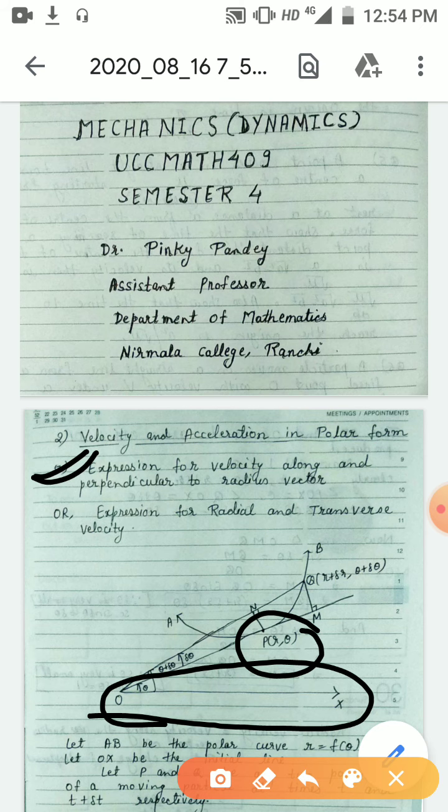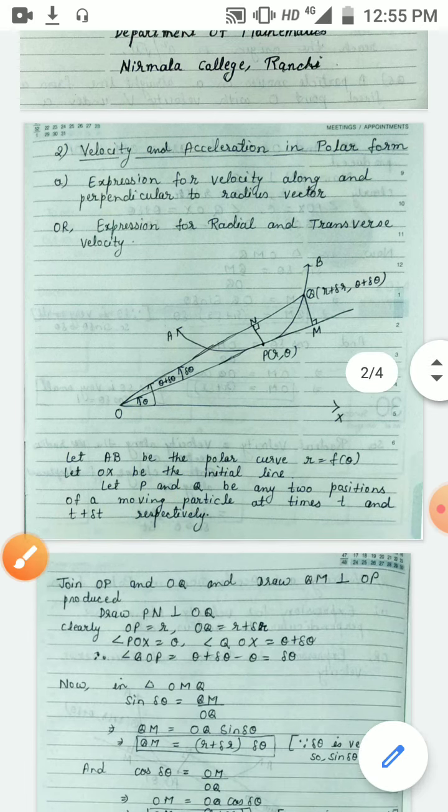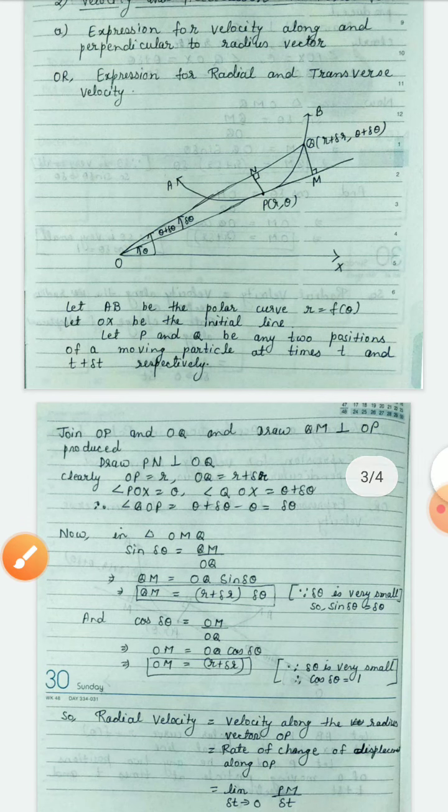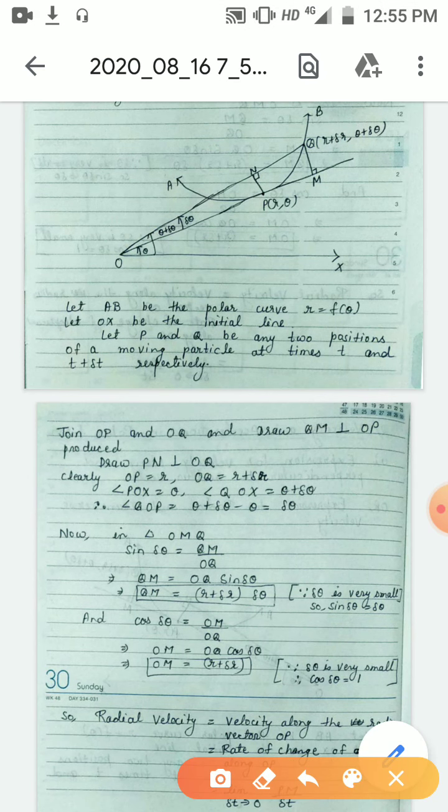Keeping this in mind, we will discuss velocity in polar form. Let AB be the polar curve r is equal to f theta, and OX be the initial line. Let P and Q be any two positions of a moving particle at time t and t plus delta t respectively. Join OP and OQ.